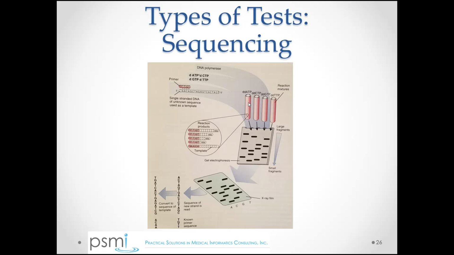And a small quantity of each one of these is added so that periodically, as the chain is being synthesized, where an A is called for, rather than having a normal A being added, you'll wind up getting one of these dideoxy or chain terminating A's.